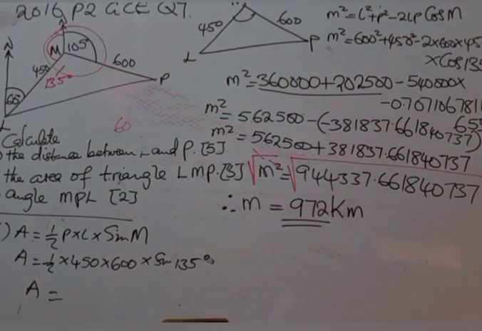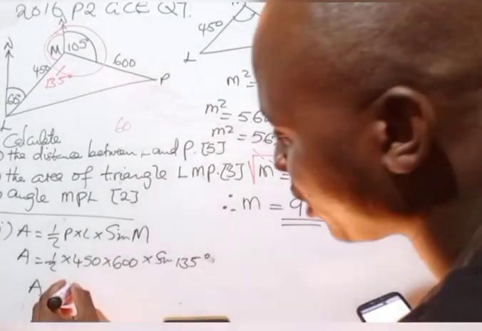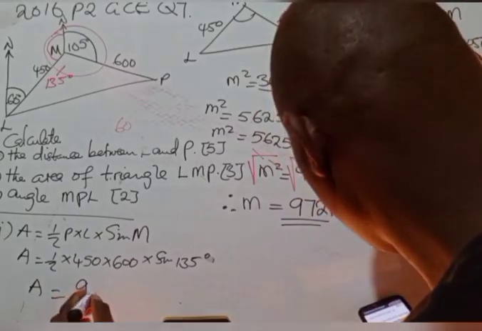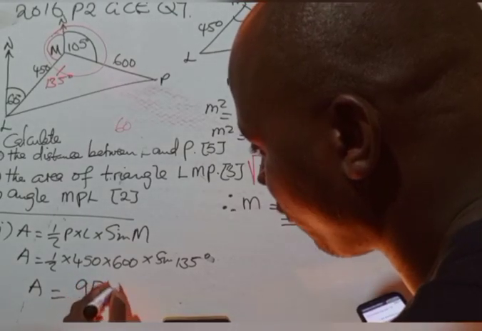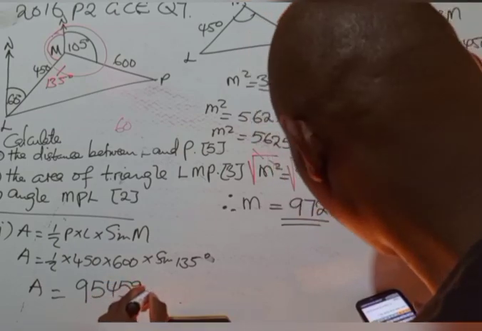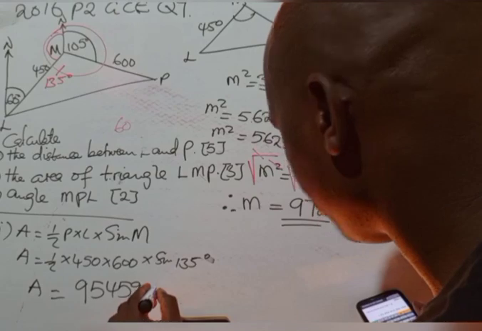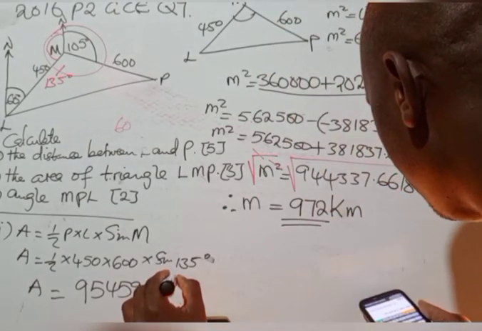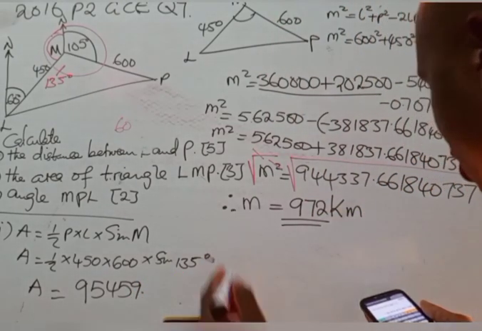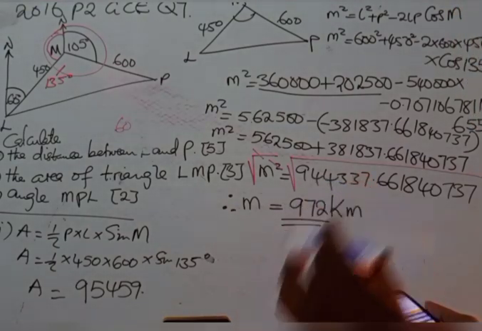So what will be our final answer for the area? If we multiply everything, then divide by 2, the answer we are getting is 95459.413. It continues 415460184.